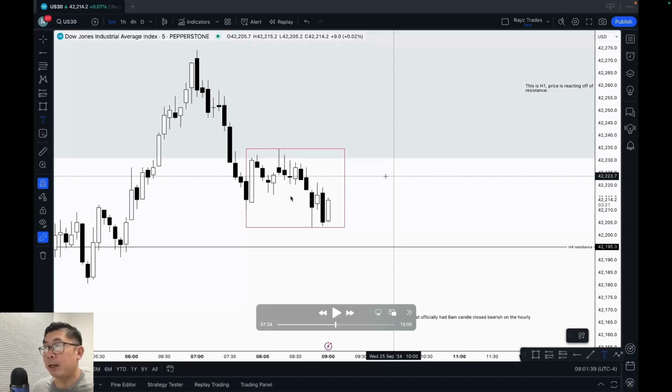Although at a glance it looks like price wants to continue going lower, it is going sideways, right? It's not going anywhere. And guess what, guys? This entire range, all the candles in this box, they are mostly 8 o'clock candles.